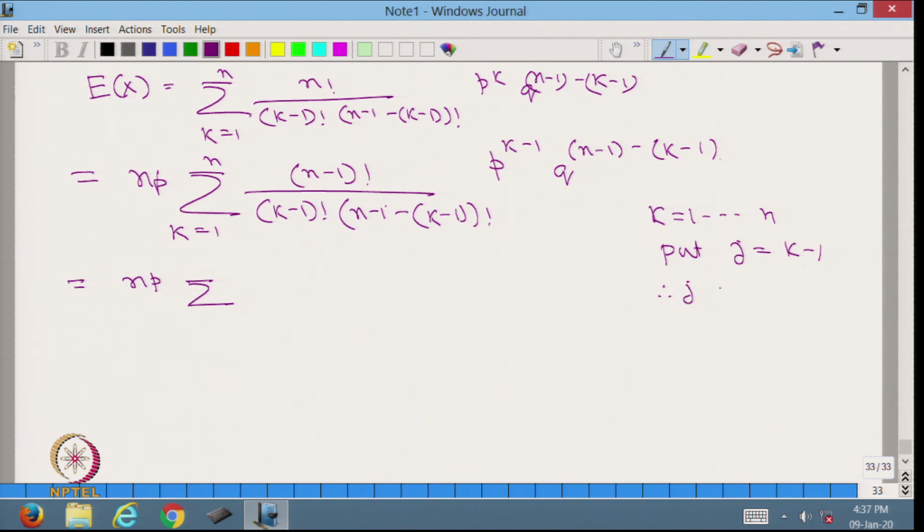Therefore, j varies from 0 to n minus 1.